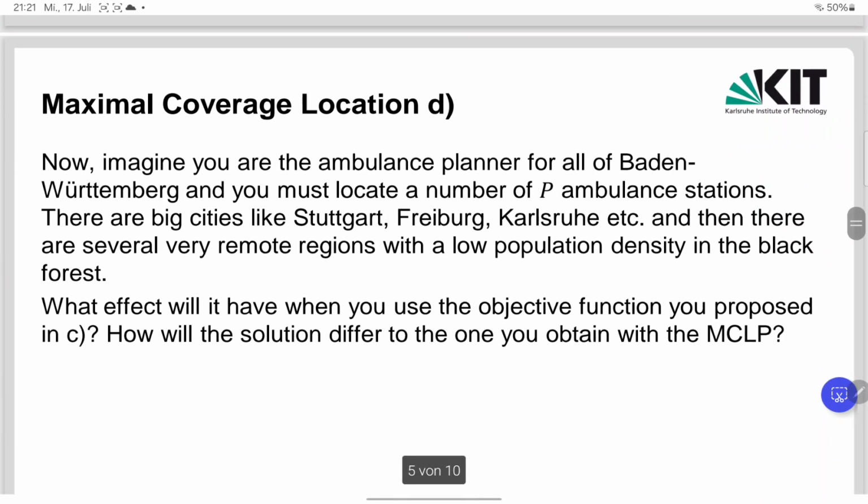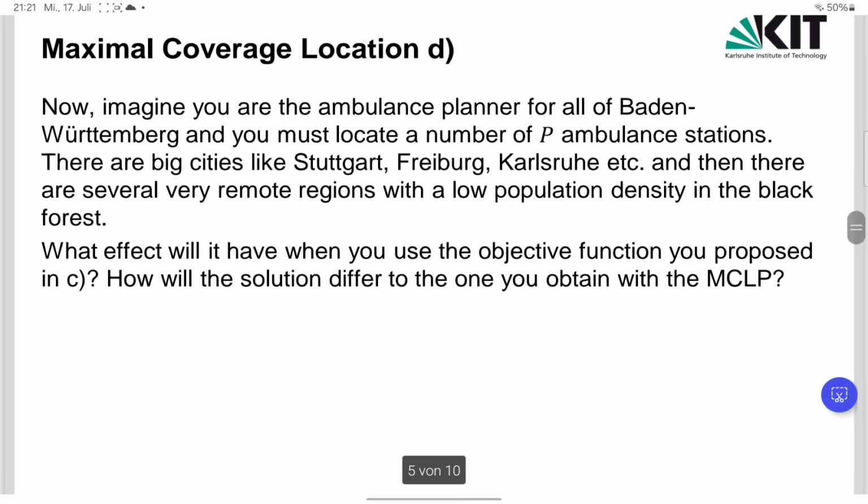The last task is, if you were the ambulance planner and you had to locate P ambulance stations in Stuttgart, Freiburg, Karlsruhe, and so on, which are very densely populated cities, and then we have some rural regions where the population is not that high, such as in the Black Forest. What effect will it have when you use the objective function just proposed in C?